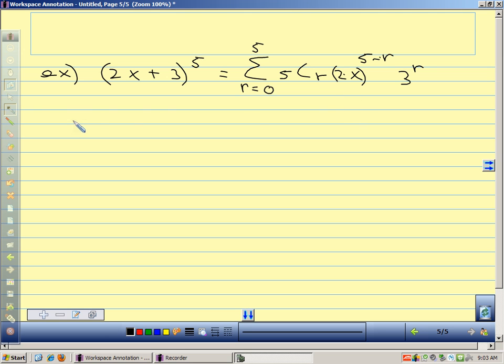So if I write this out, this is going to equal, starting off with r equals 0, 5C0 times 2x to the 5 minus 0. We're starting with r equals 0. 2x to the 5th, 3 to the 0. That's my first term.